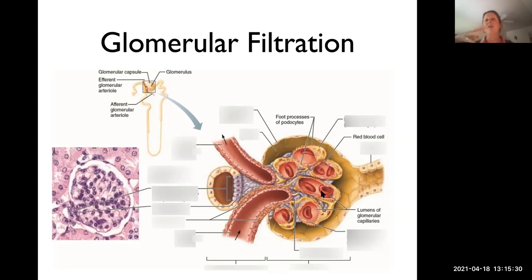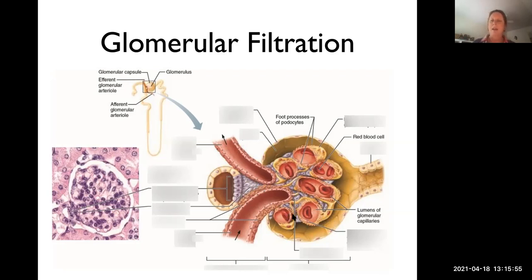Otherwise, if all the fluids leaked out, then we would just have this sticky mess of proteins and red blood cells and white blood cells. And it would become so thick that it wouldn't be able to make it through the glomerulus and back out the efferent arteriole. So the colloid oncotic pressure is important for keeping some water or some fluid inside the blood.